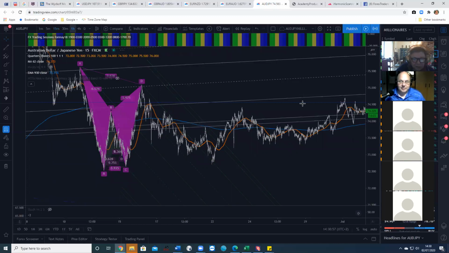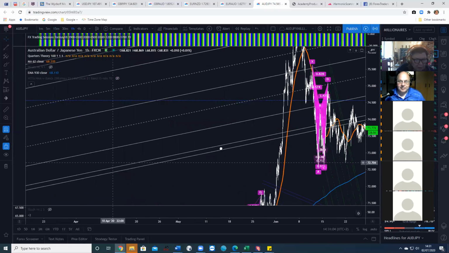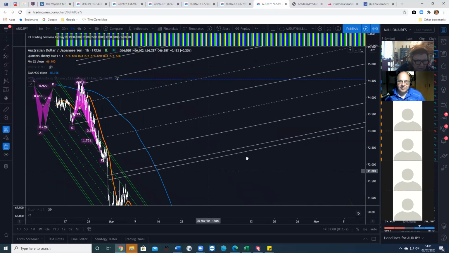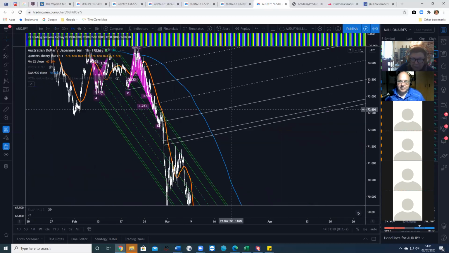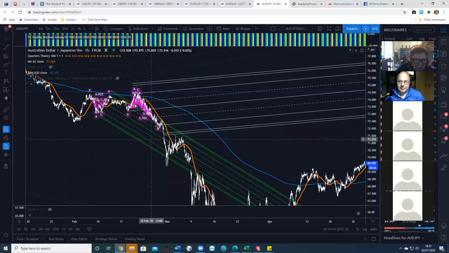So if I come out to the hourly, I'll just show you where this is, because it's come into this scan there. Oh, now that's interesting, although I'm on the hour, that's not a very good scan really, because it hasn't completed up to the C point. It's dropped right down.